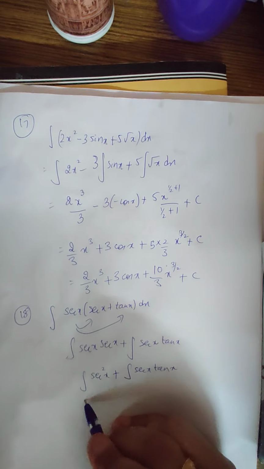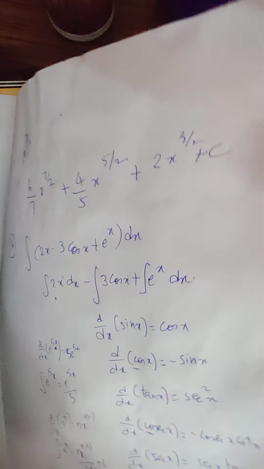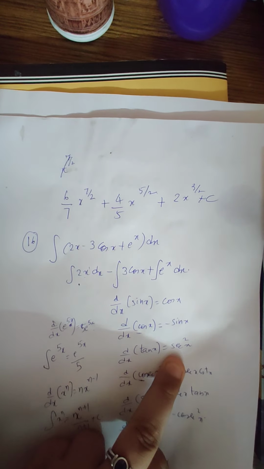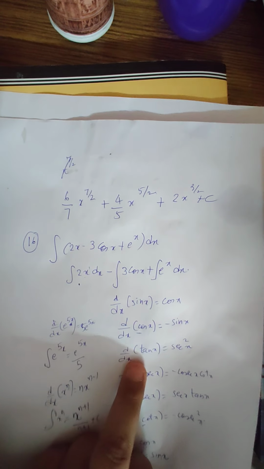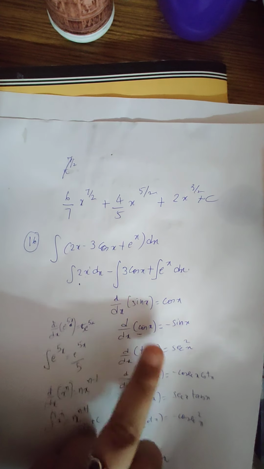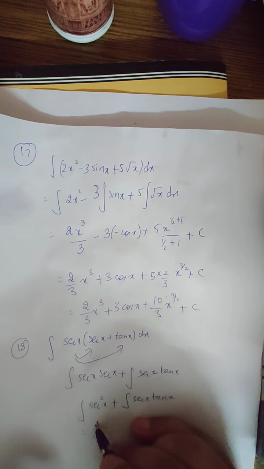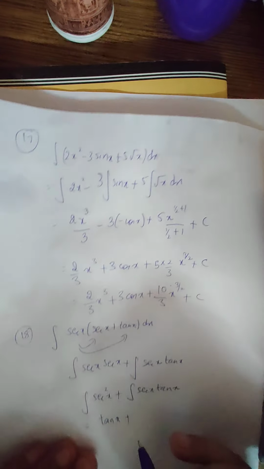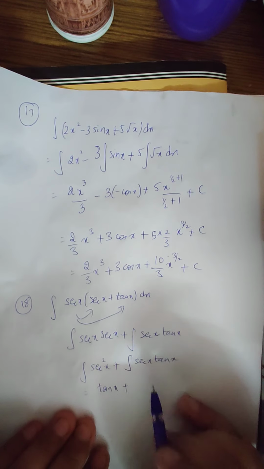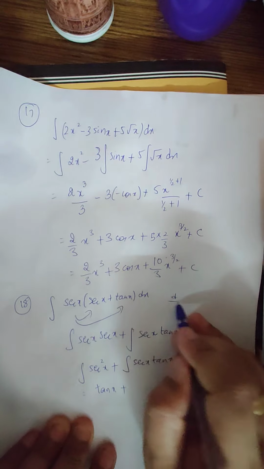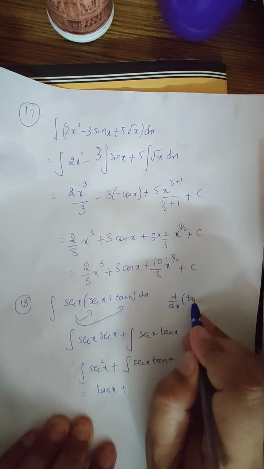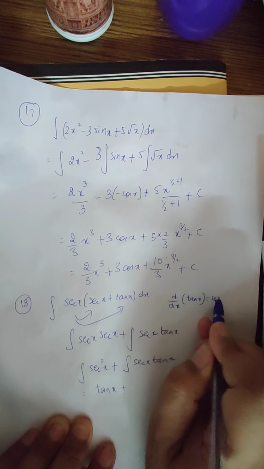Just now, students, I told you d by dx of tan x is secant square x. So integration of secant square x will be tan x, because differentiation and integration are inverse functions. And similarly, for integration of secant x tan x, I'll write it for you. D by dx of tan x is secant square x.